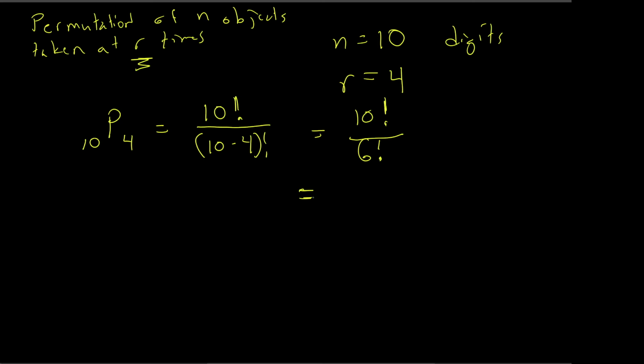But numbers and factors do nice things, so if I were to write this out, and write the 6 factorial out, well, notice I have these factors that are the same in the numerator and denominator that cancel out.